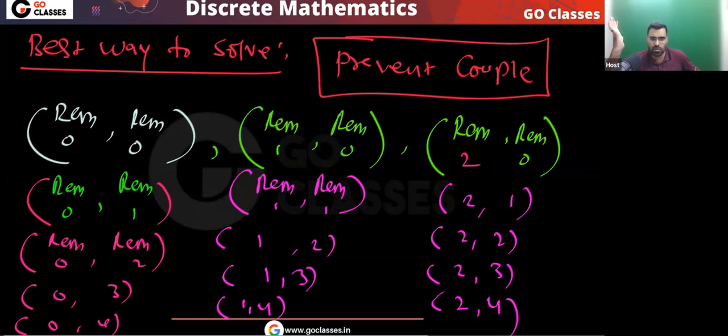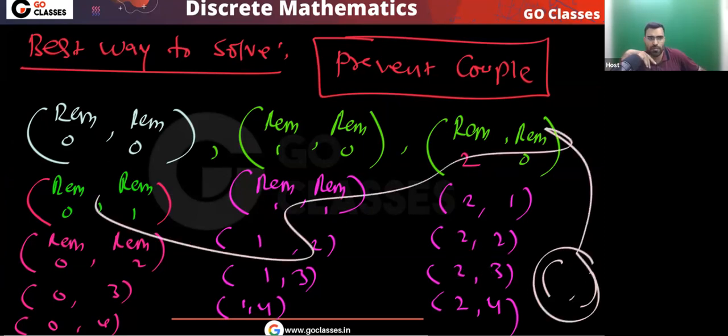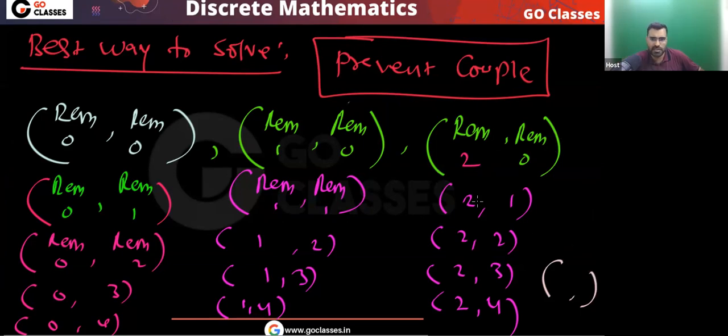But if I add one more, then what will happen? If I add one more ordered pair, you can guarantee that that ordered pair will make a couple with one of them. Is this point clear?